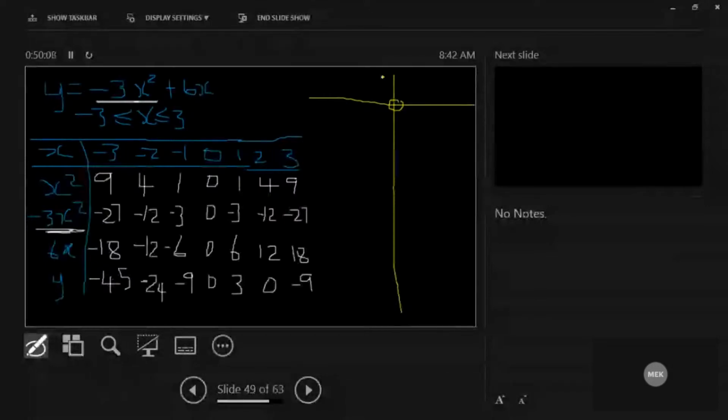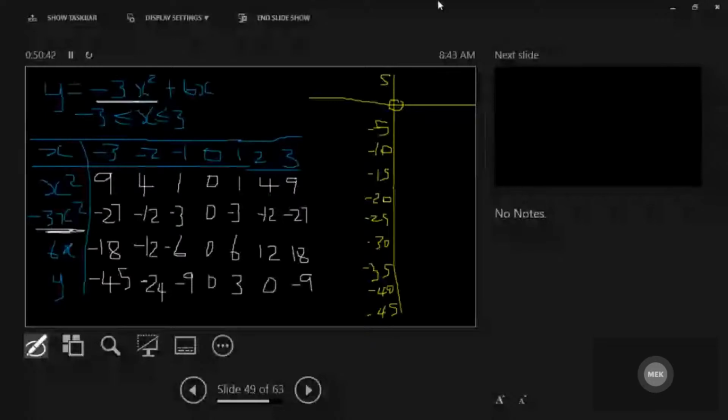All right, so let's go by 5. So this would be a positive 5. And we have negative 5, negative 10, negative 15, negative 20, negative 25, barely made it. Negative 45, we barely made it.